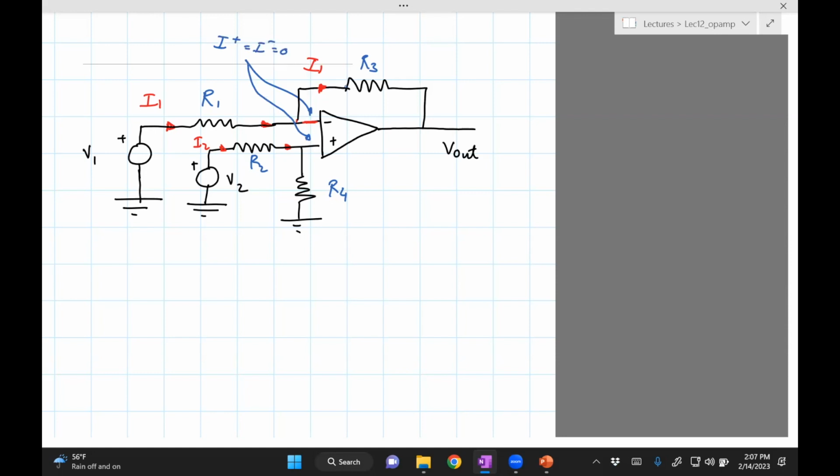That clears off a few more equations, so it makes it easy. If I2 is the current in V2, the same current will flow through this. I've reduced the equations by 2.